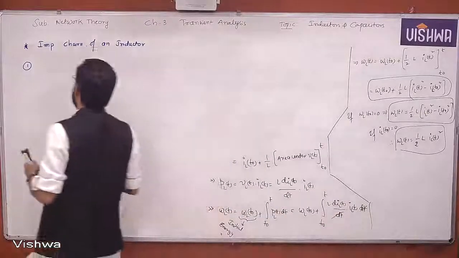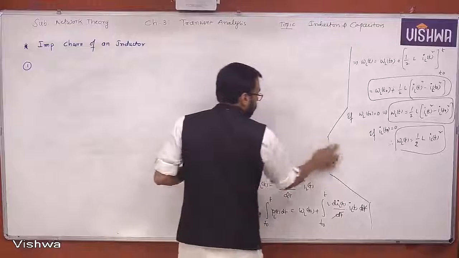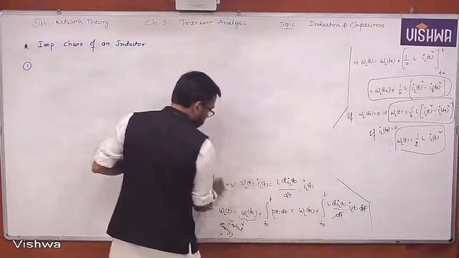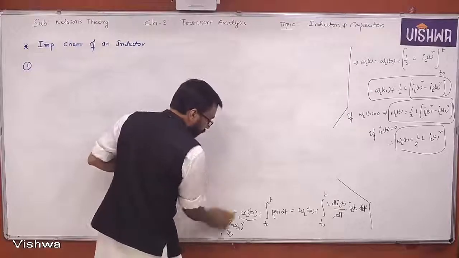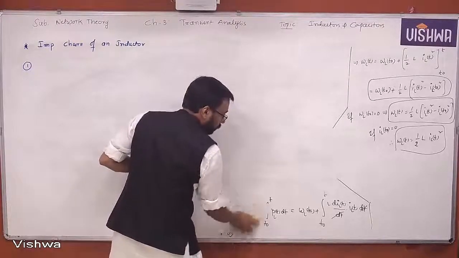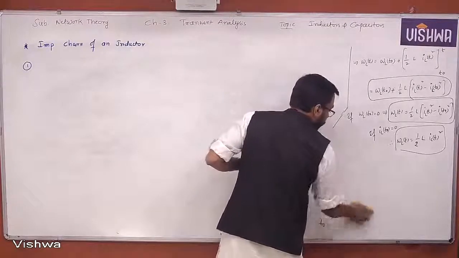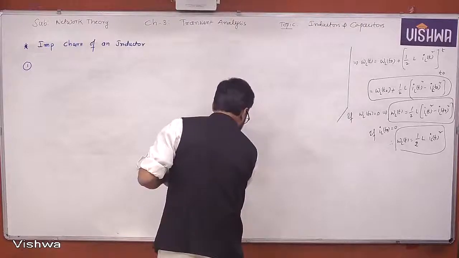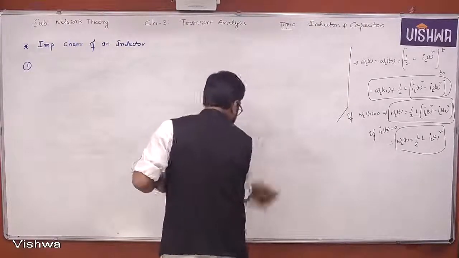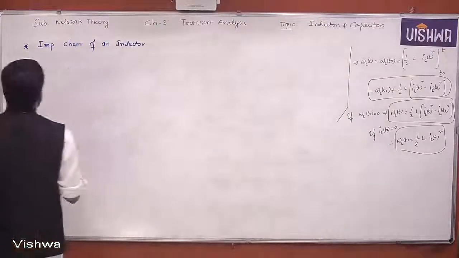I think you have written that, all of you. Come back here. First important characteristic, write down the point. First point, first characteristic: an inductor is short circuit to DC.